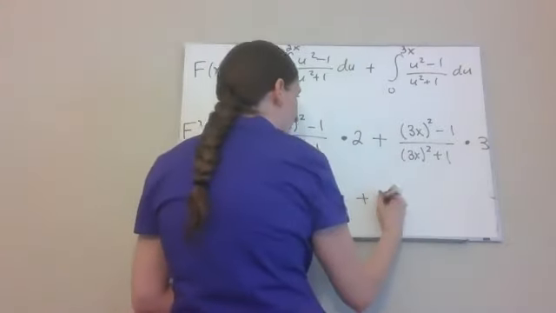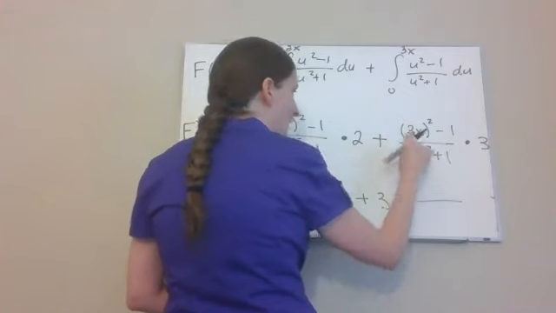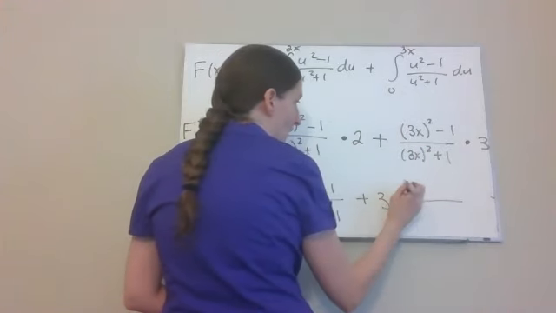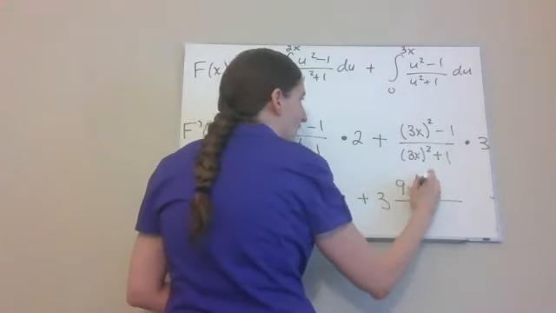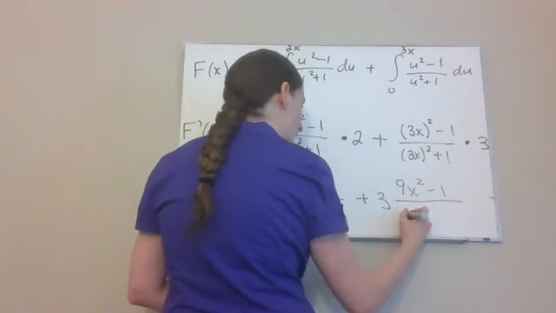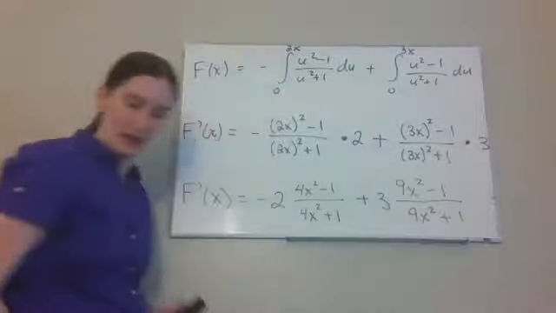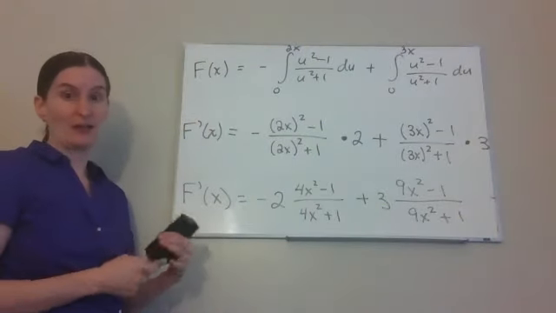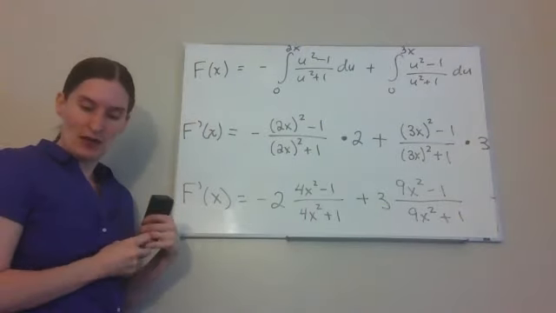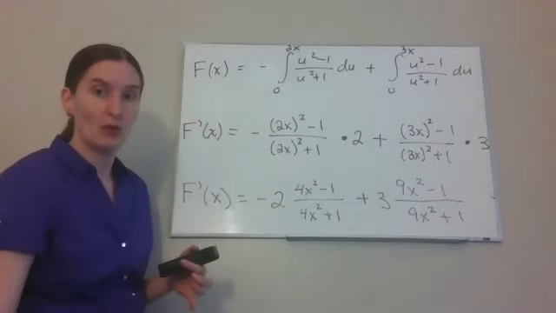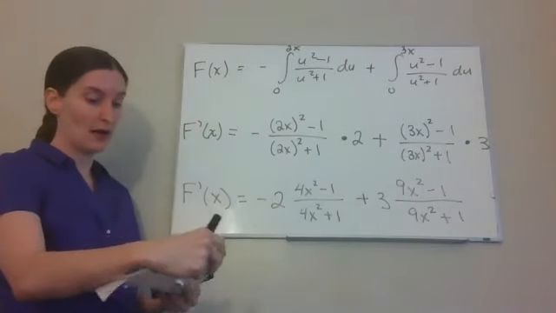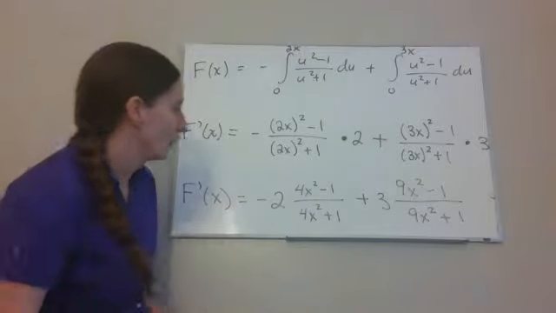And then I have plus 3. And this guy, that 3x in parentheses squared, is 9x squared minus 1 over 9x squared plus 1. And I would just leave my final answer right there. I mean, if you really wanted to, I guess you could try to simplify it more. I just personally would not bother. I would leave it right there.